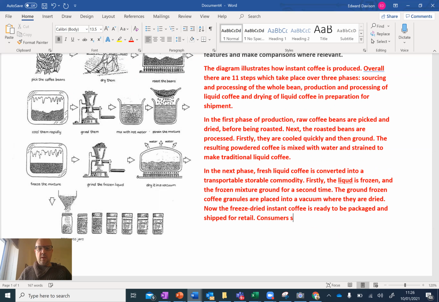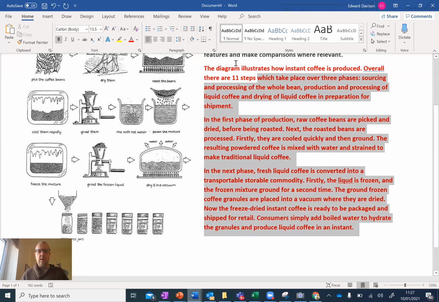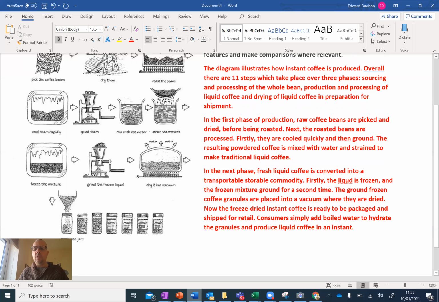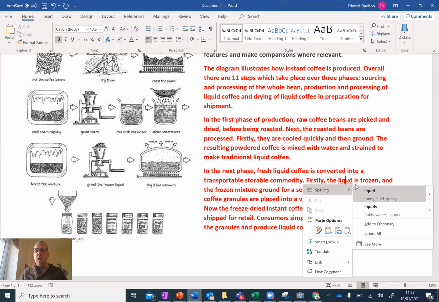Consumers simply add boiled water to hydrate the granules and produce liquid coffee. 58 words.